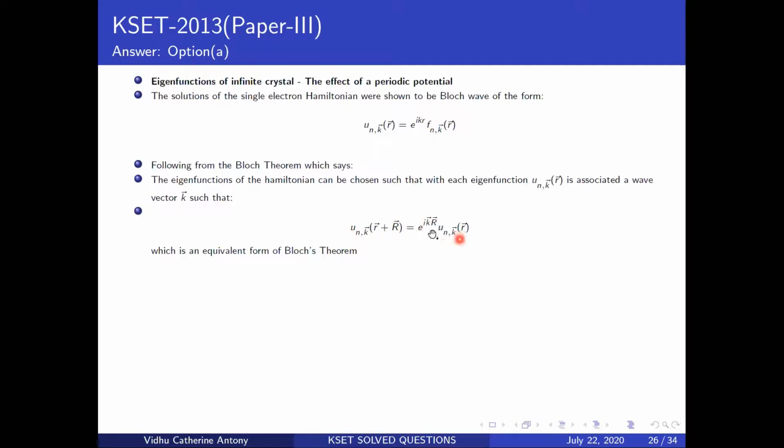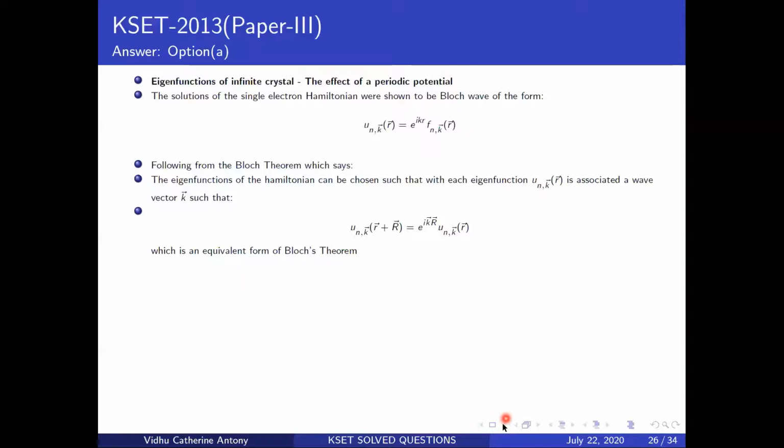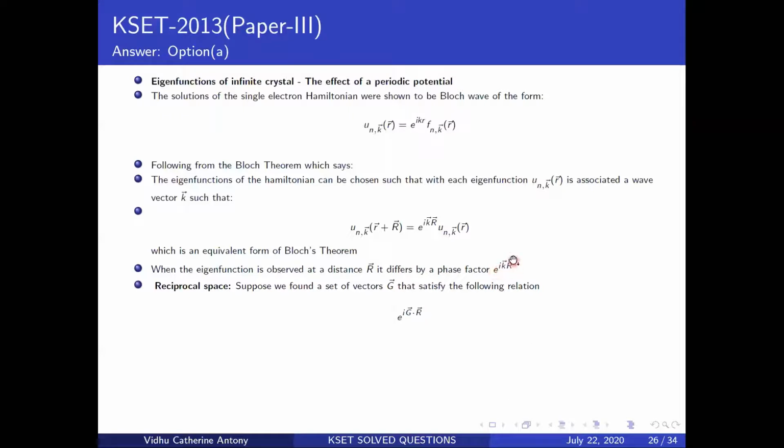You've got two vectors now: little r and big R. That big R becomes a phase factor, and this remains. This shows an equivalent form of Bloch's theorem. This is the eigenfunction observed at a distance R, differing by a phase factor of e to the power of i k R.